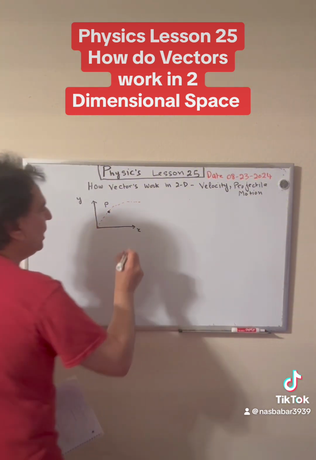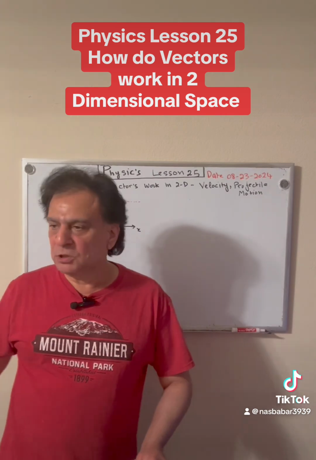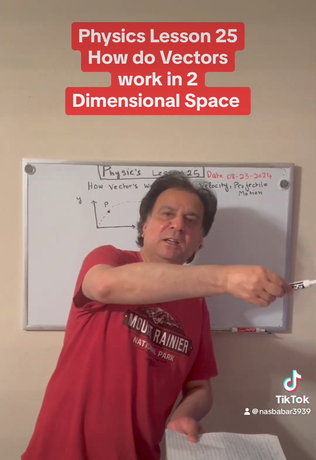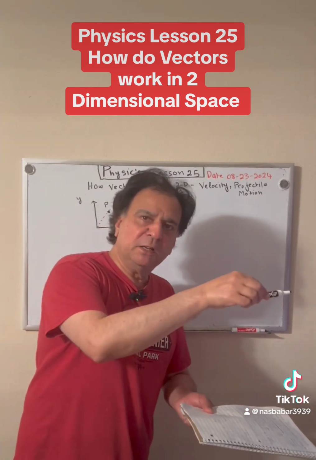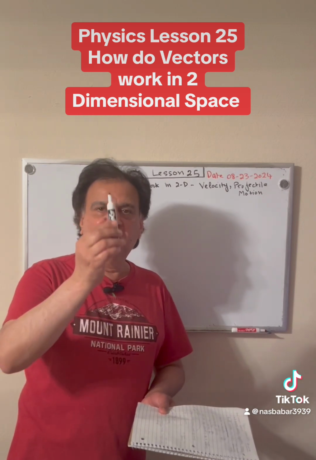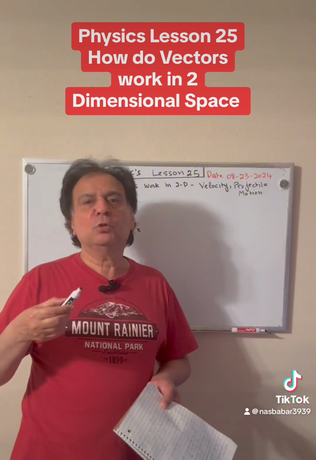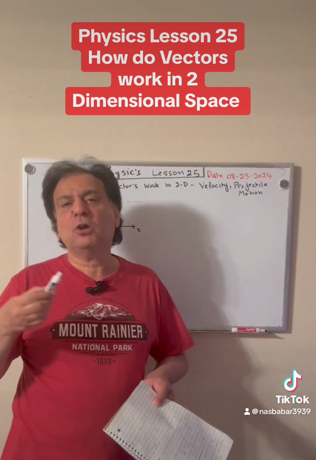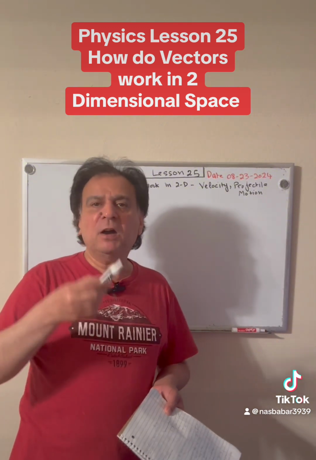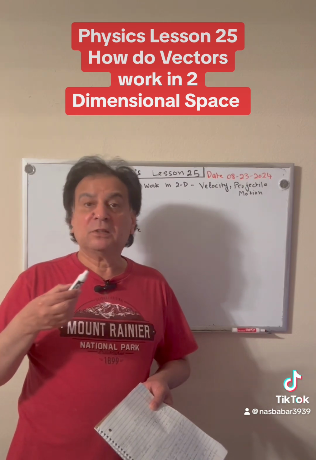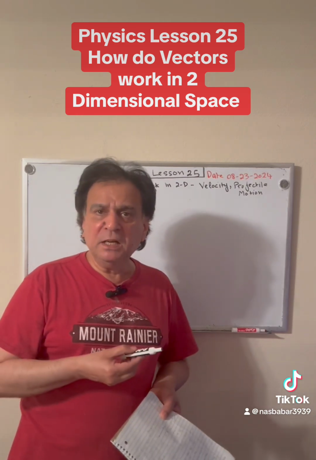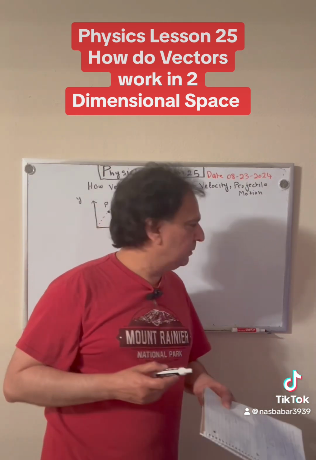Anytime you have projectile motion, some motion like this, you have an x component and a y component. It could be x and y components in terms of force, velocity, acceleration, magnetic field, electric field, and so forth.